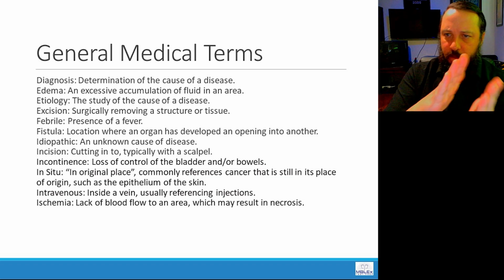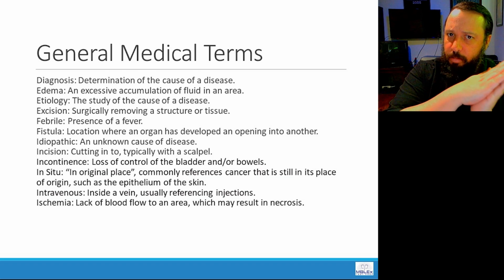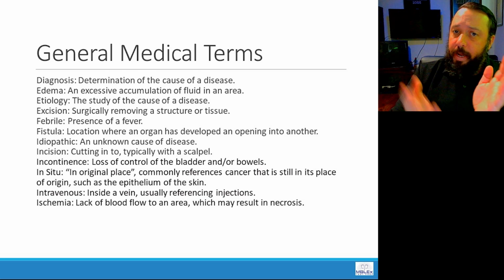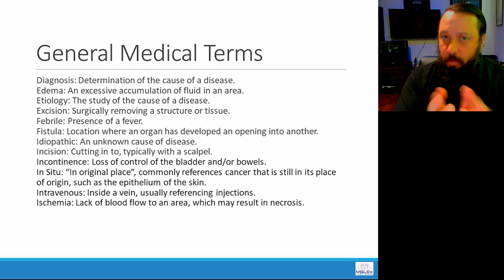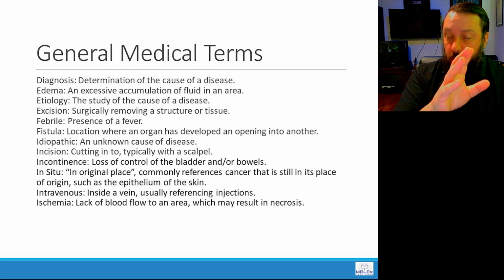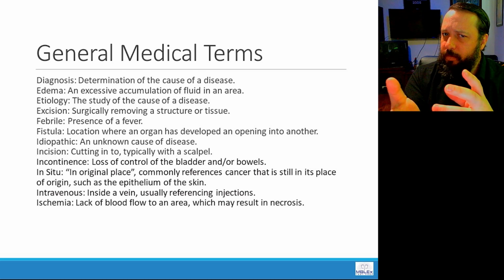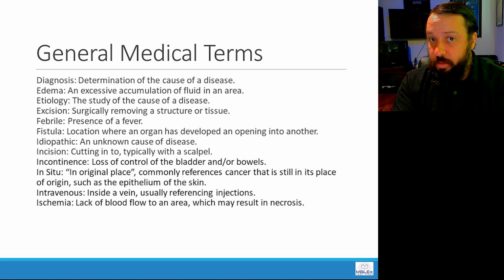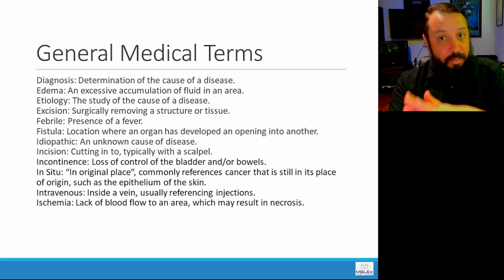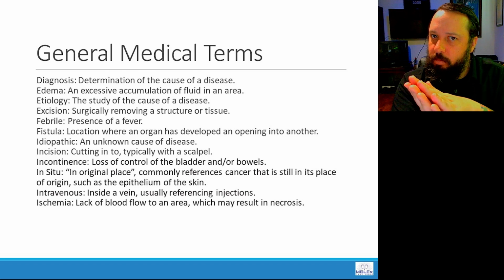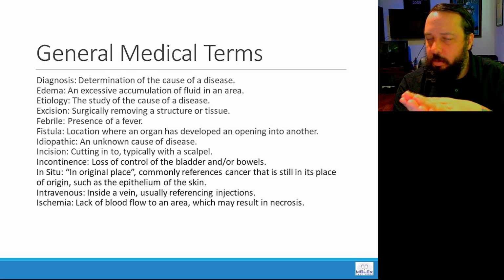If somebody is bedridden, they're stuck in one position, constantly having pressure placed on parts of the body like the sacrum, the lower back especially. That's why people need to be turned, so that the pressure is taken off those areas and blood flow returns. That's how pressure ulcers can start to develop. If you get ischemia for too long, that pushes out the blood, which pushes out the oxygen supply to those tissues.